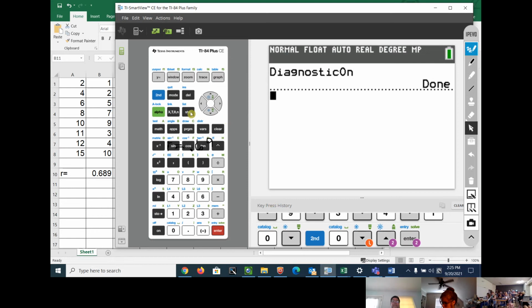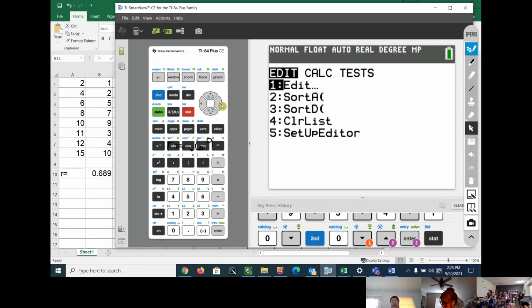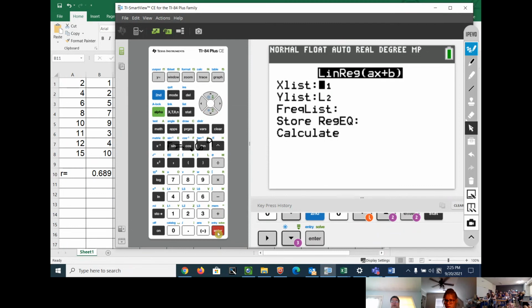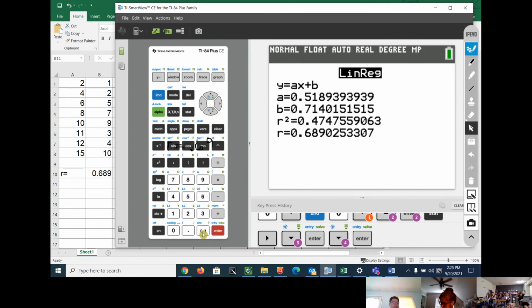Now go to stat, calculate, and you go down to linear regression. It's going to automatically read L1 and L2, and all you have to do is hit calculate. They say y is equal to ax plus b.